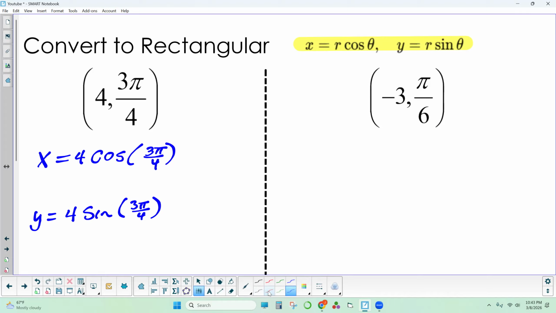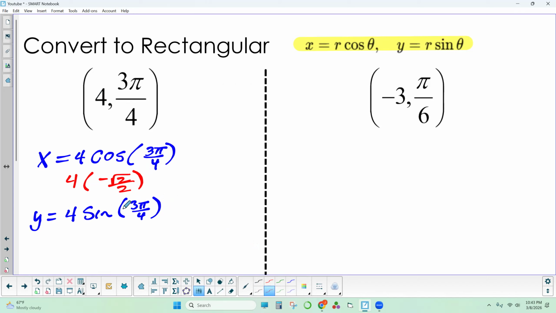Now I will evaluate these. Cosine at 3 pi over 4 is square root of 2 over 2, and x is negative at 3 pi over 4. You have to be careful there because this is in the second quadrant. We multiply that by 4.